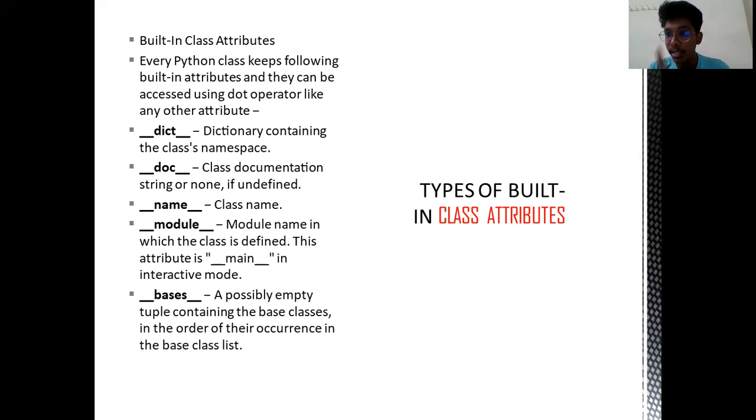Dictionary can be written as __dict__, a dictionary containing the class namespace. Documentation is the class documentation string, or none if undefined. Name gives us the class name, and module gives the module name in which the class is defined. The attribute is __main__ in interactive mode. Bases is a possibly empty tuple containing the base classes in the order of their occurrence in the base class list.